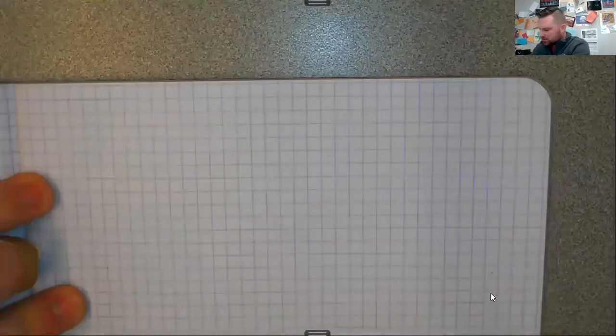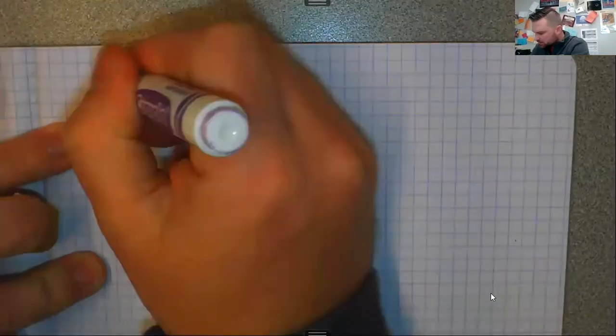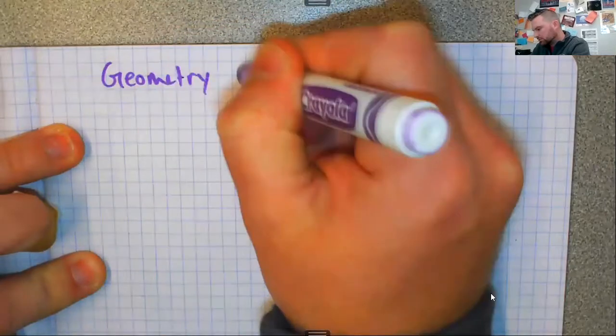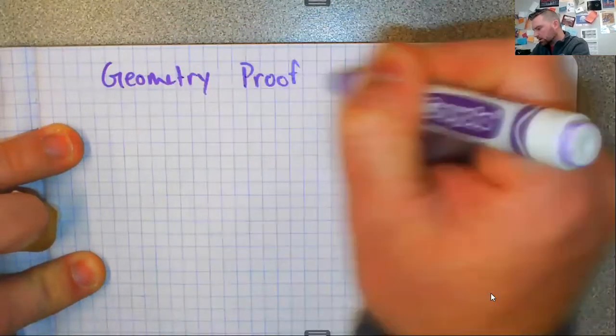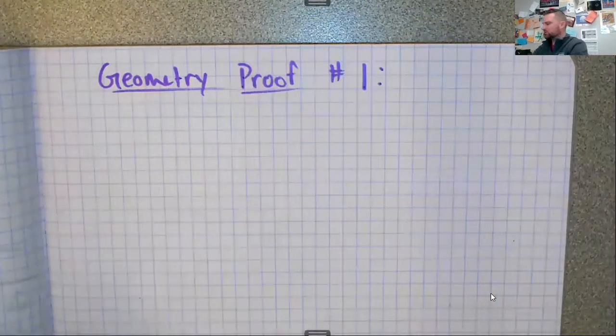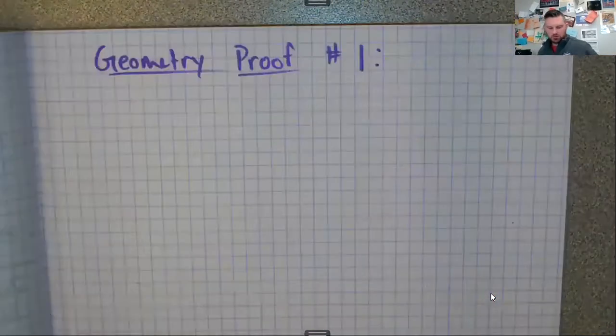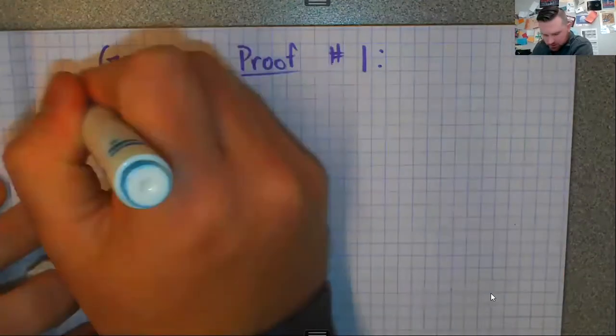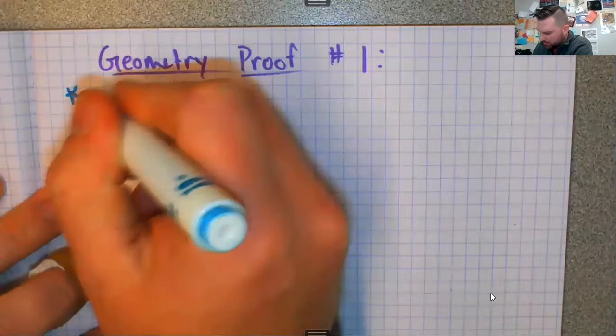And we're going to title this Geometry Proofs number 1. We're going to do a lot of proofs. Okay, so this is kind of your first entry to geometry proofs. So a big star by the transitive property.